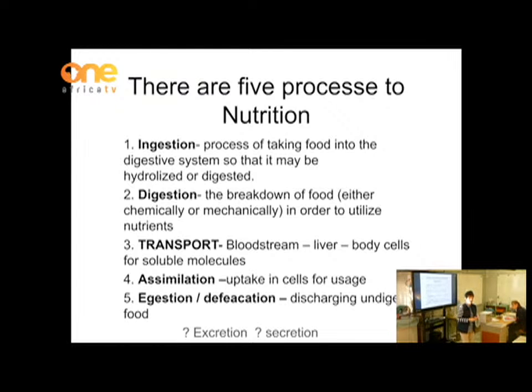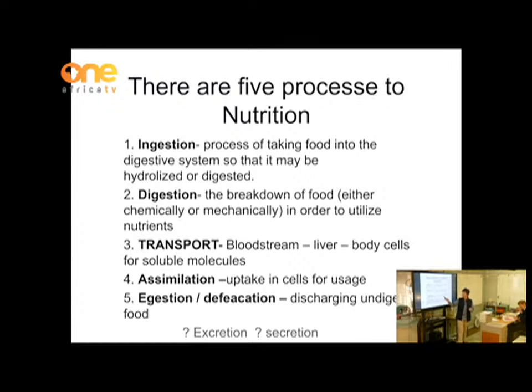It is enzymes, yes. The definition of enzymes, if you can remember, was a protein that catalyzes or speeds up a chemical reaction. So we are going to look into many different enzymes in the digestive system. And mechanically will mean that the molecule will just change shape or size.